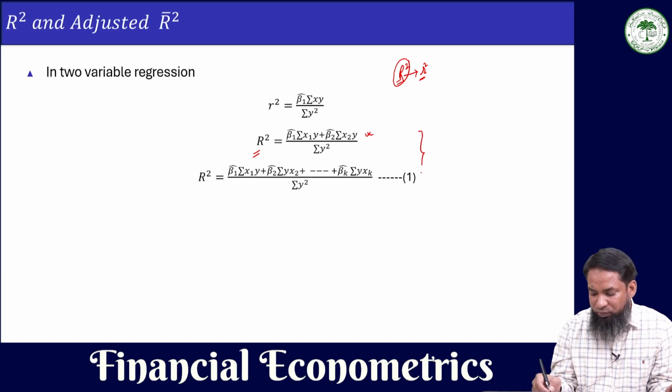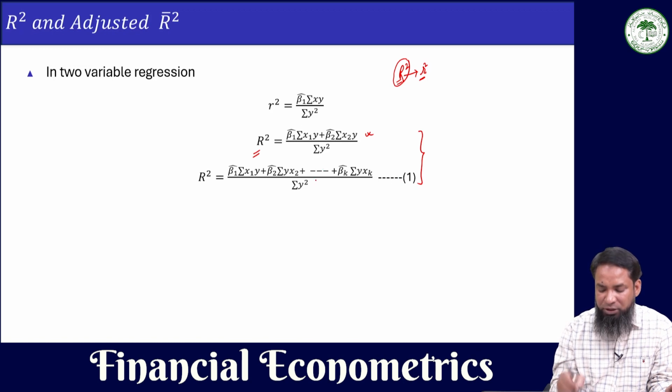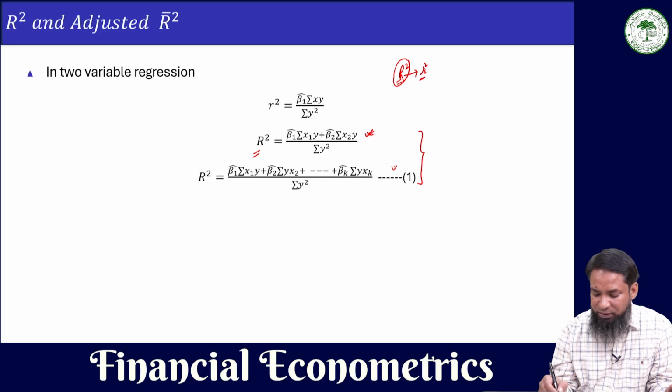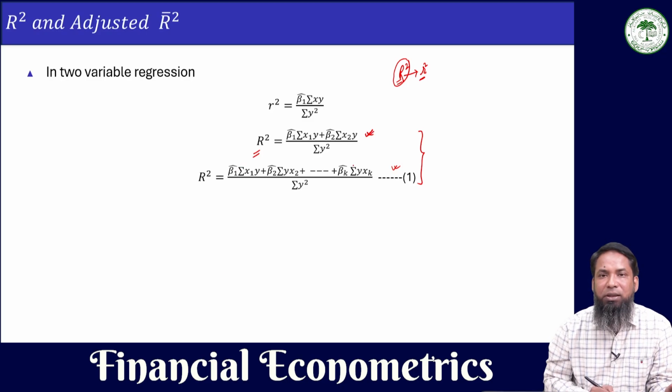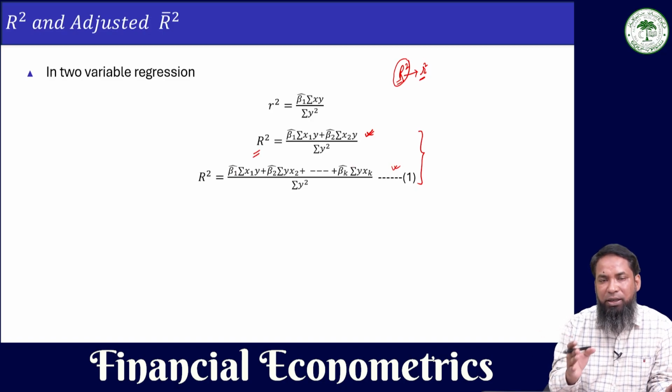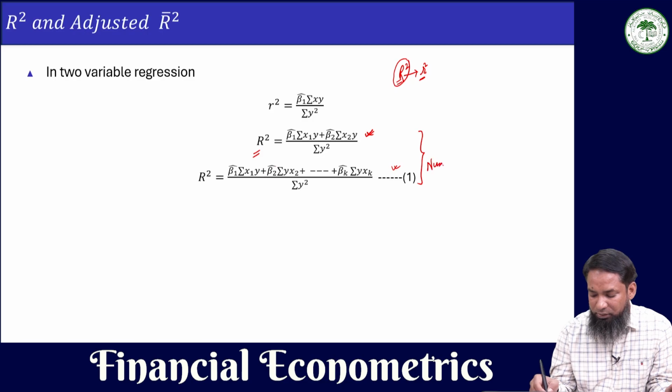From these, what can we observe? If you observe the numerator and the denominator here, as the number of regressors is increasing, the terms in the numerator are increasing. So we keep on adding terms. That means the numerator here is increasing, however, the denominator remains the same.